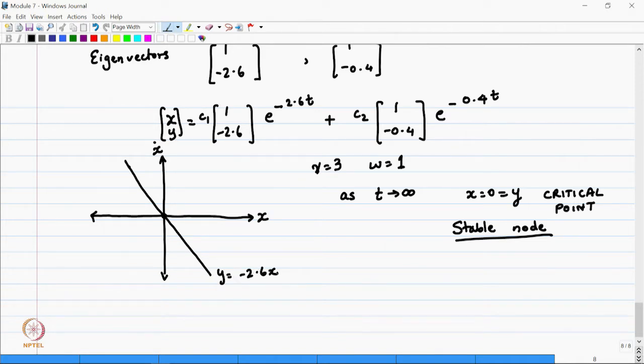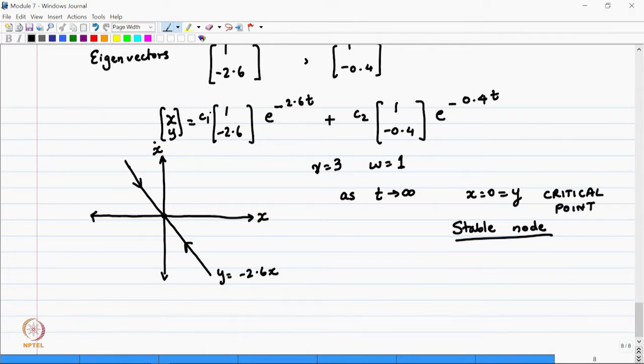Now, what is happening is that y will always satisfy this, for all t, if C2 equal to 0. So, if C2 equal to 0, then you go in this way. Based on the value of C1, you either go this way towards this point, or you go this way towards the point x equal to 0, y equal to 0.